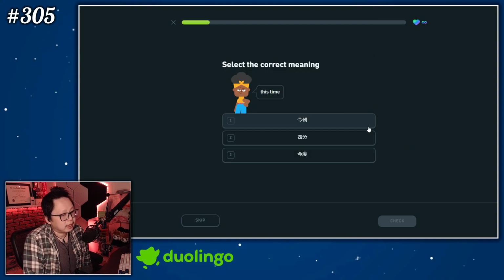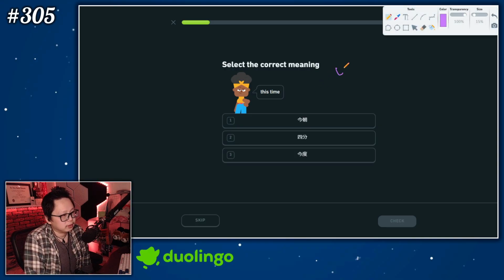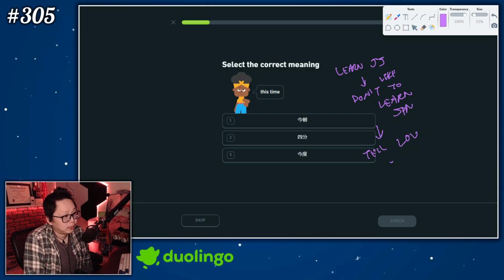As in, every day they go to study Japanese and it stops feeling good. So when they want to learn Japanese, I think more than 50% of those people don't like to learn Japanese, even though they tell me they love the Japanese language.